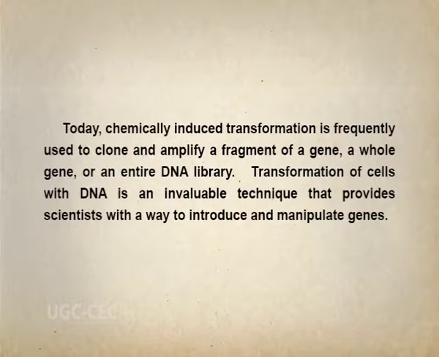Today, chemically induced transformation is frequently used to clone and amplify a fragment of a gene, a whole gene, or an entire DNA library. Transformation of cells with DNA is an invaluable technique that provides scientists with a way to introduce and manipulate genes.